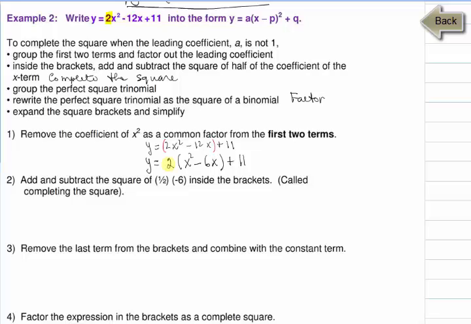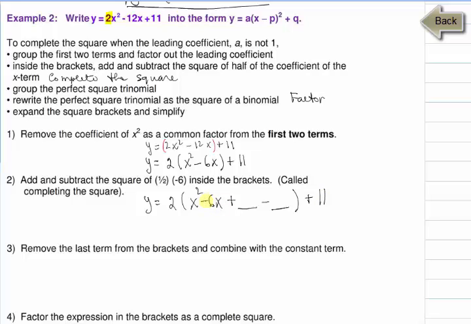Next, what we want to do is add and subtract the square of half of negative 6 inside the brackets, called completing the square. So we're going to start with this step here. We're going to go y equals 2 x squared minus 6x. We're going to complete the square, so we're going to go plus space minus space, leave the 11 on the outside.